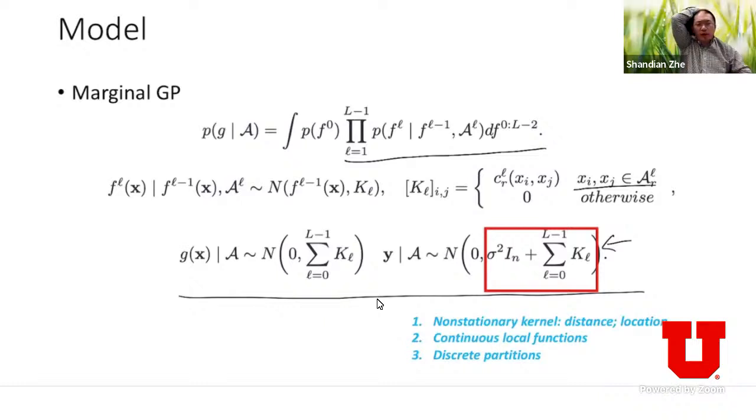Is G the function at the finest level? Which G?